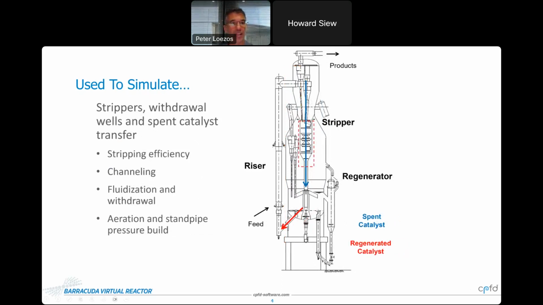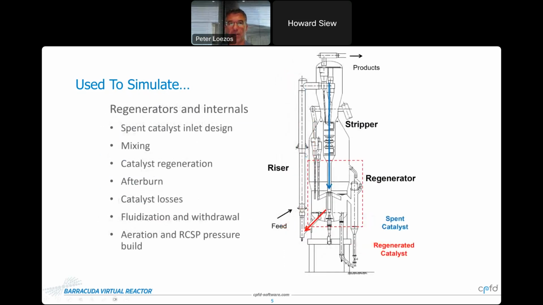We also look at strippers, withdrawal wells, and spent catalyst transfer. In the stripper, we study stripping efficiency, channeling, fluidization and withdrawal, and finally aeration and pressure build within the standpipe. And finally, one of our traditional areas, regenerators and internals.